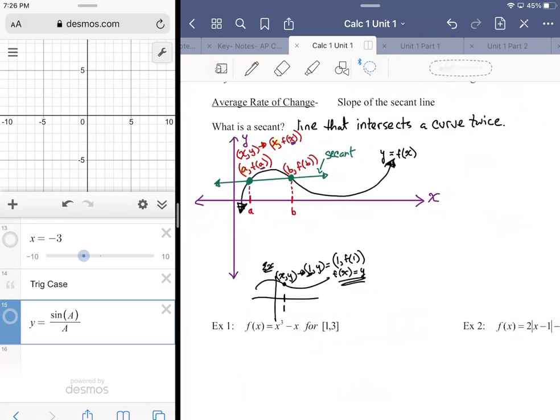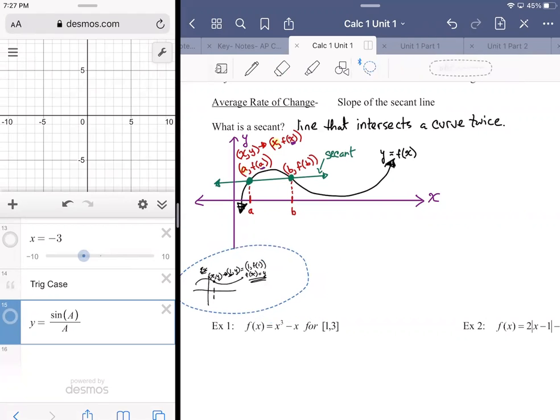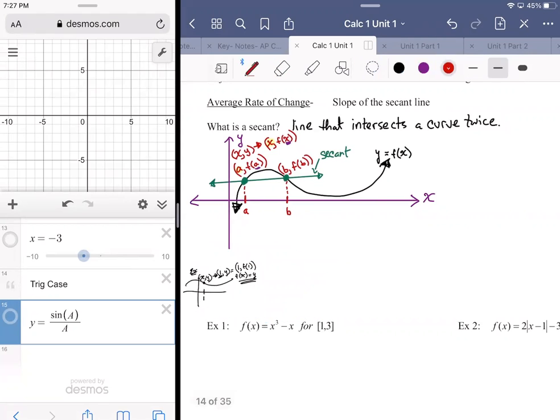Now, slope in general is just changing y over changing x. It's actually pretty simple. You've been doing it for years. That's not an exaggeration. Rates of change have been with you ever since the beginning.